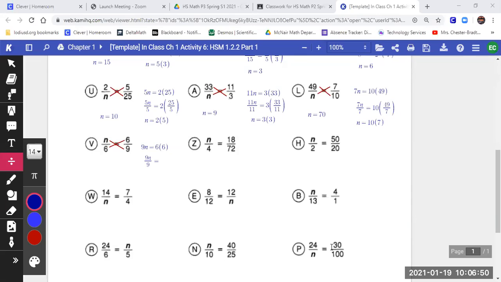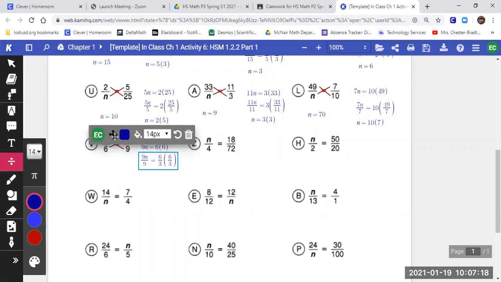Each 6 is going to get a 3. So I'm going to have a 6 divided by a 3 go off, and a 6 divided by 3. Okay? Because I broke the 9 into the 2 numbers that multiply to make it, and I gave each part to a 6.